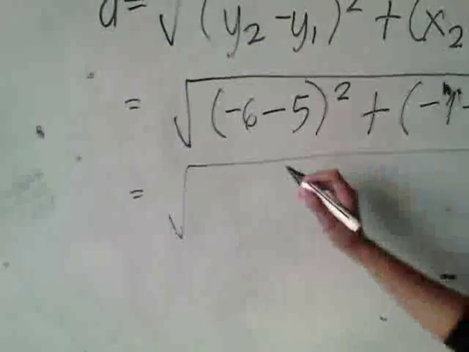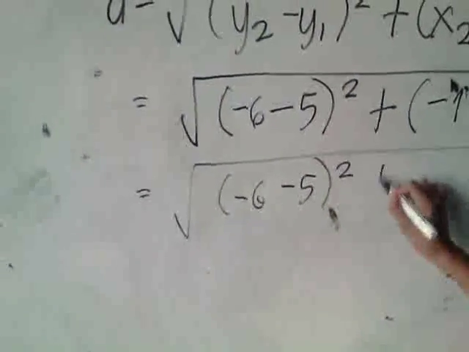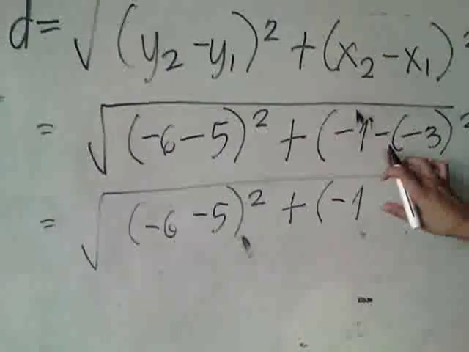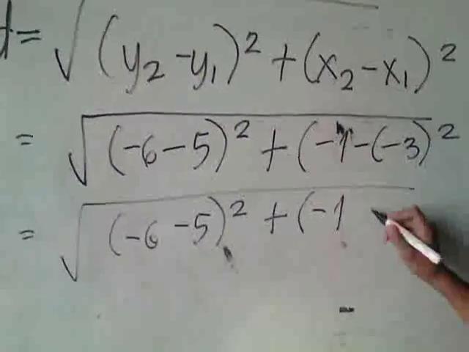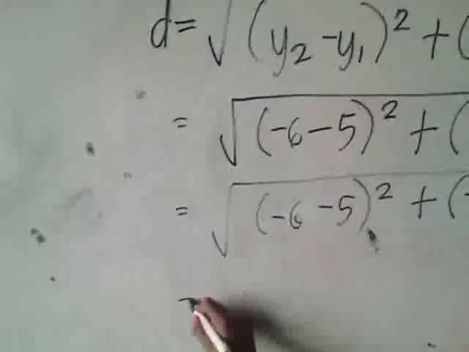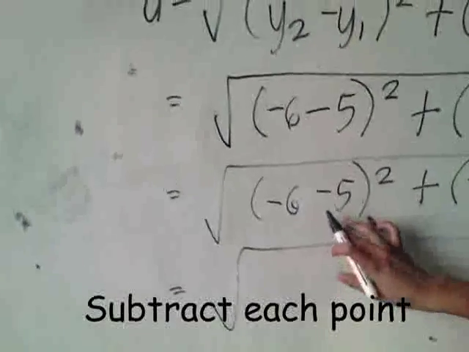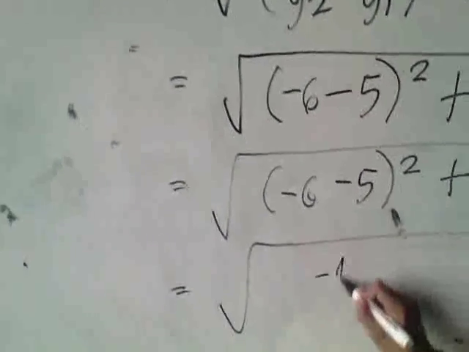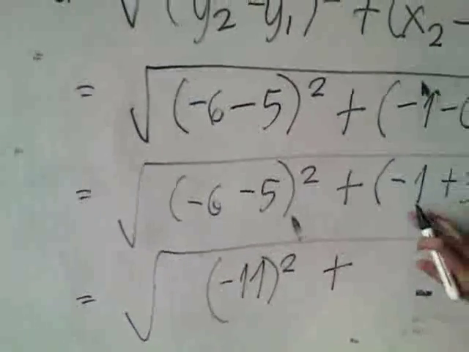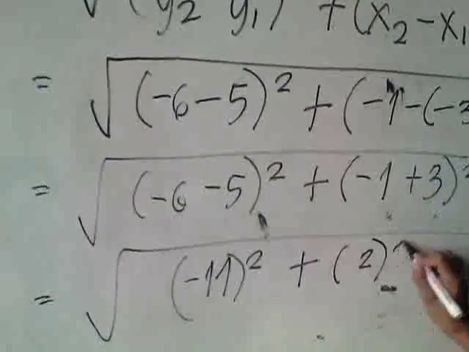Next is negative 6 minus 5, squared, plus negative 1, so we multiply the negative sign to negative 3. So, it's plus 3, squared. So, next, negative 6 minus 5 is negative 11, squared, plus negative 1 plus 3 is 2, squared.